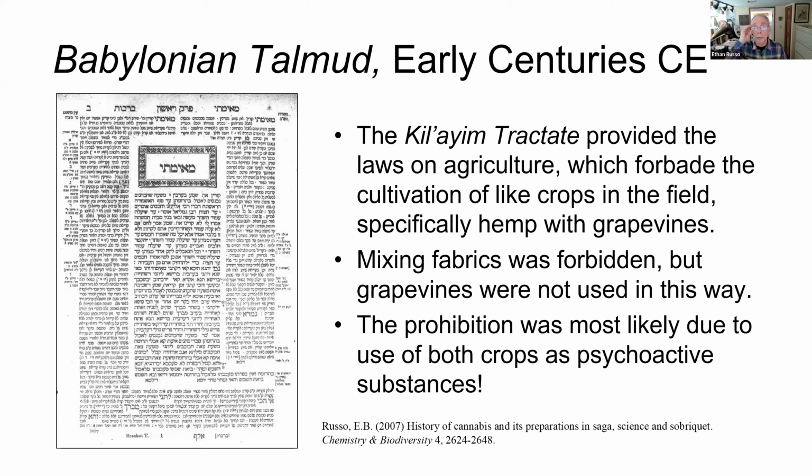The specific prohibition was against hemp, cannabis, with grapevines. So mixing of fabrics was forbidden, but grapevines weren't used as fiber. So it most likely is that this prohibition was due to use of both crops as psychoactive substances, the grapes for wine and cannabis for its intoxicating effects.